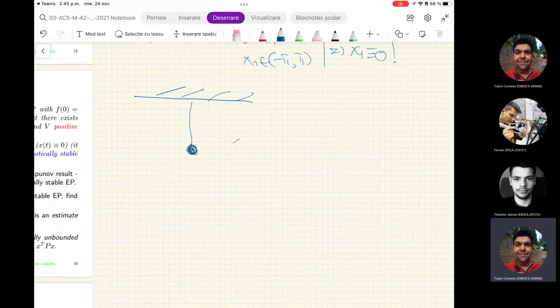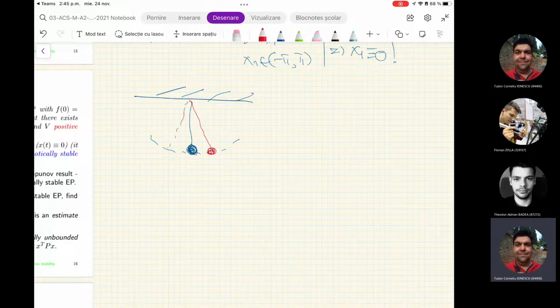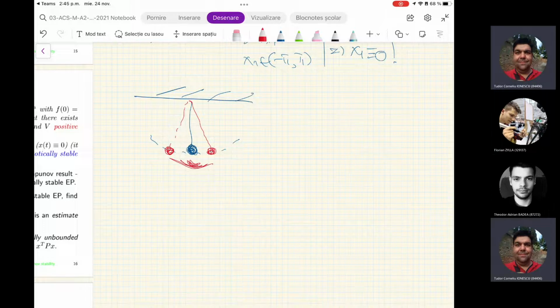Okay. Pendulum is swinging like this. So the energy, okay, it does like this. The energy is decreasing because the angle is decreasing. The energy is decreasing because the velocity is decreasing, yeah?